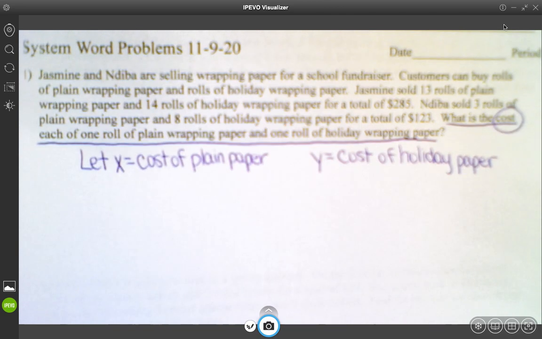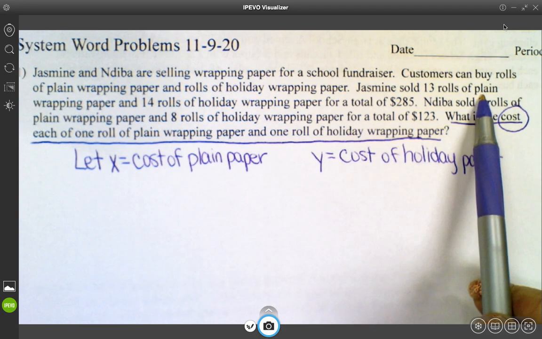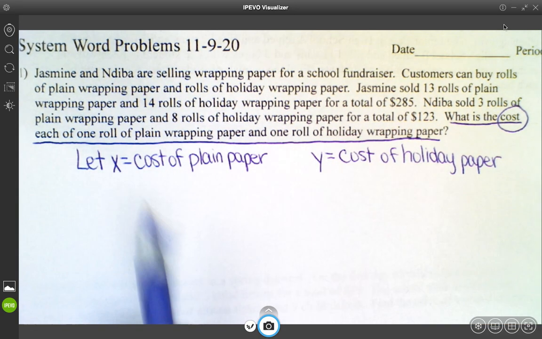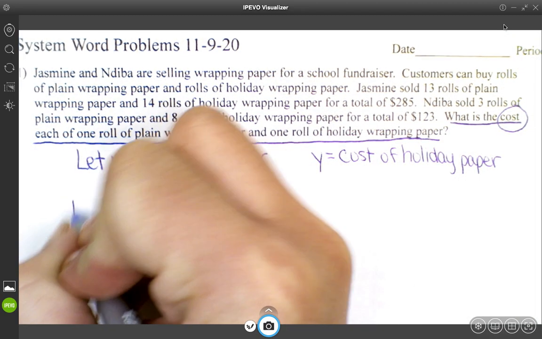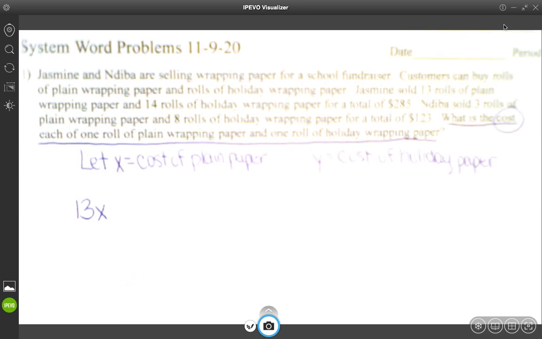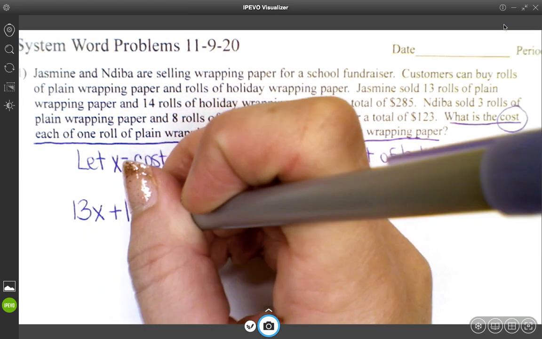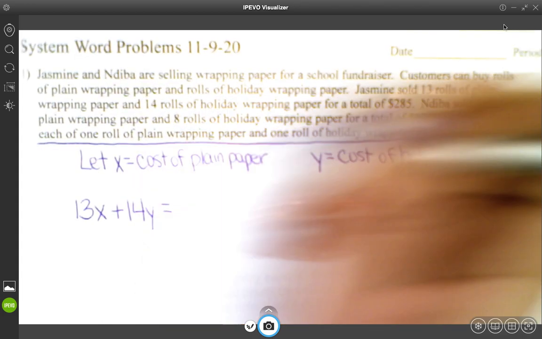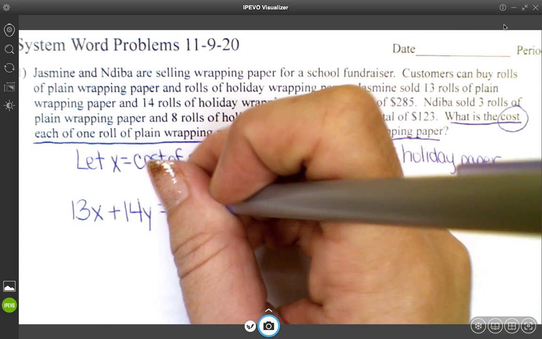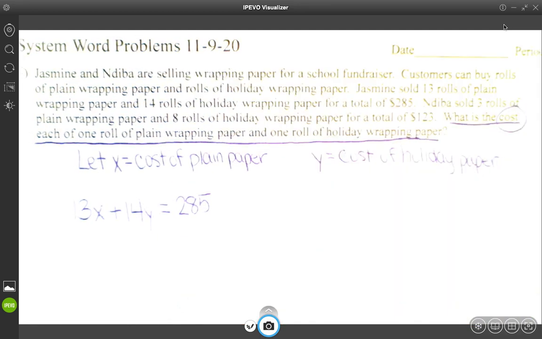What was the first thing that she sold? 13 rolls of plain. We know X is representing our plain, so that's 13X. And what else did she sell? 14 holiday papers, so 14Y, and that gave us a grand total of $285. So that was Jasmine's sales.